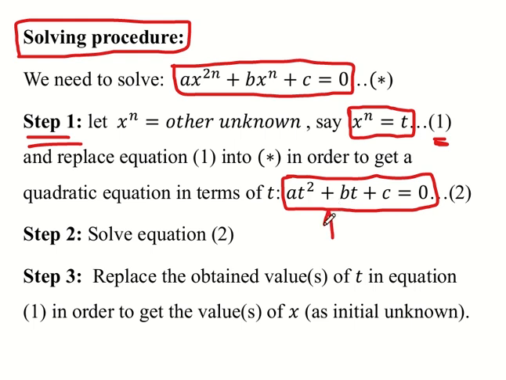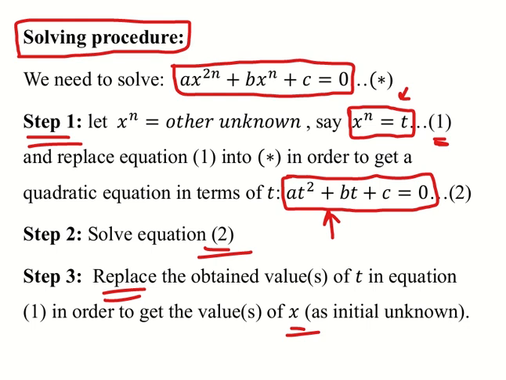Then you solve this quadratic equation and obtain the values of t. Then you replace these values of t in equation 1 in order to find the value of x, as x is the initial unknown.